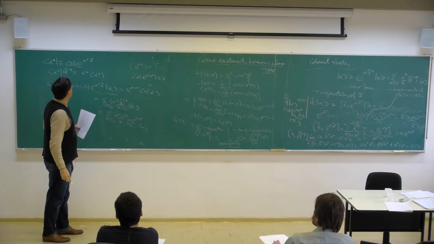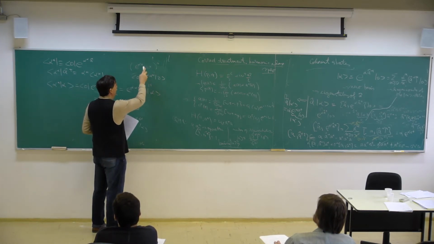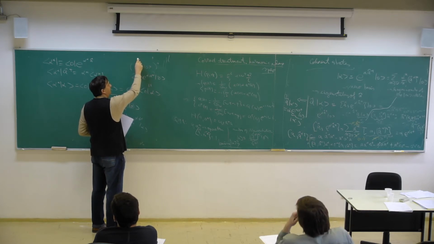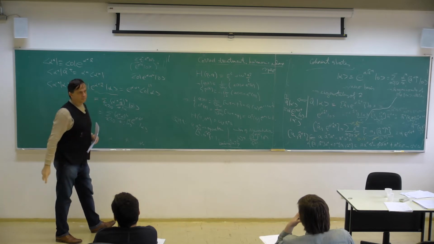It's the same, sorry. But anyway, maybe it's easier to try it this way. And then this itself is the sum over n of alpha to the n over n factorial A to the n acting on 0, right?